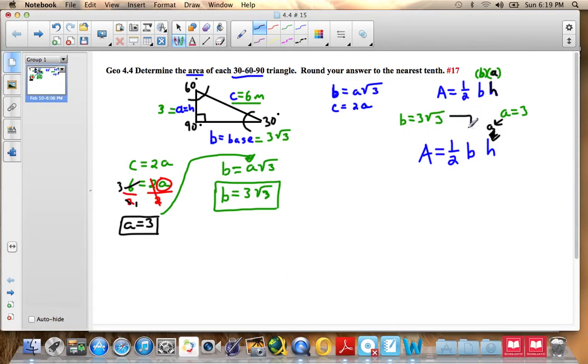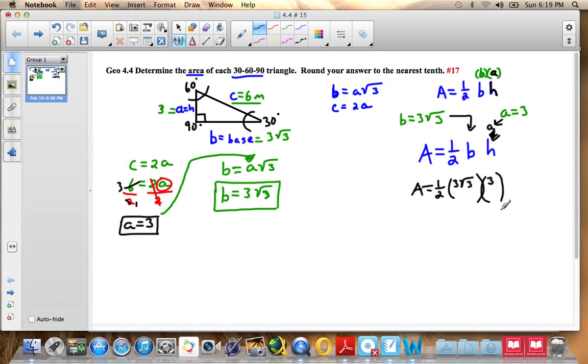And B is represented right here. So my equation becomes A equals 1/2, and so B is 3 times the square root of 3, and H is A, which is 3.